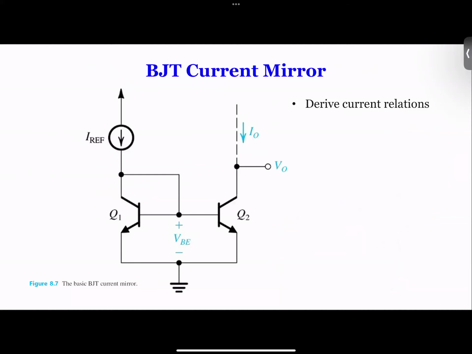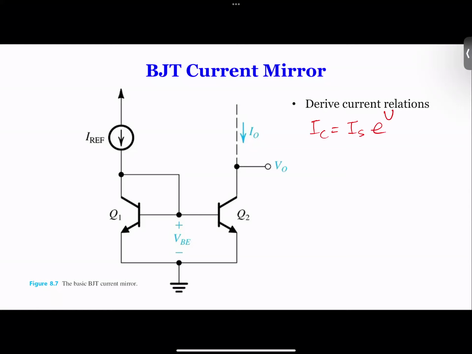Now, you can do a current mirror with MOSFET, but you can also do a current mirror with BJT. The only problem is that the base current is not exactly zero. So if you look at it, VBE is the same for both circuits. Remember when we calculate IC, do you remember how we calculate IC in a BJT?